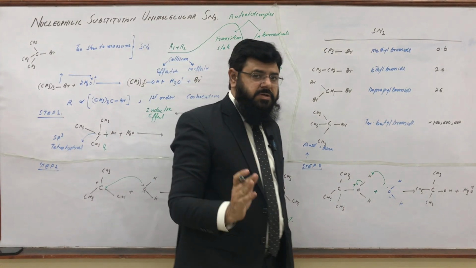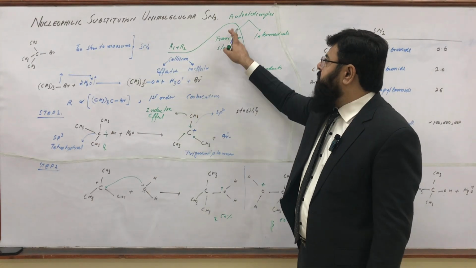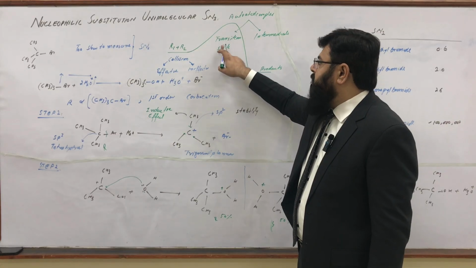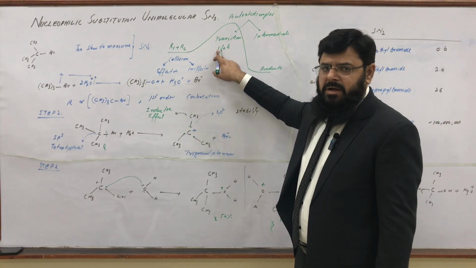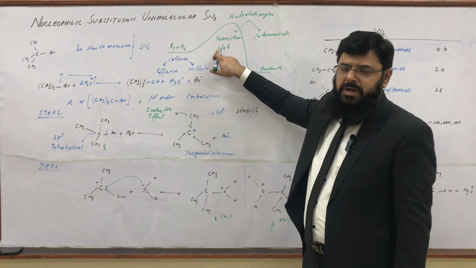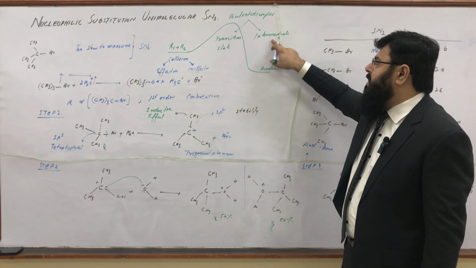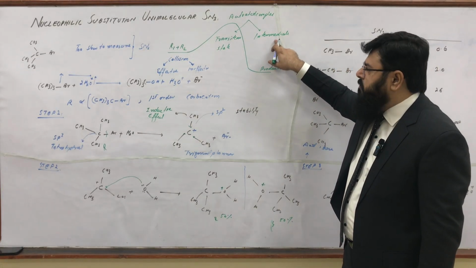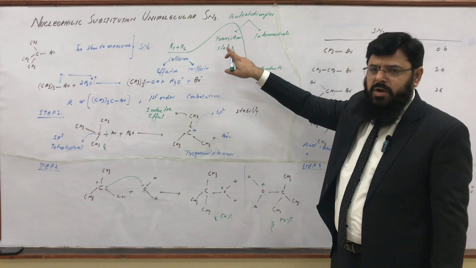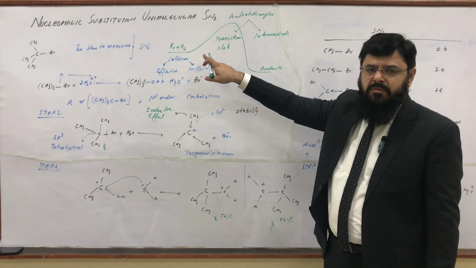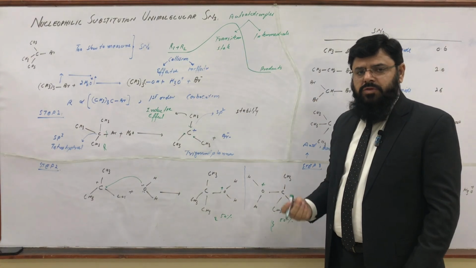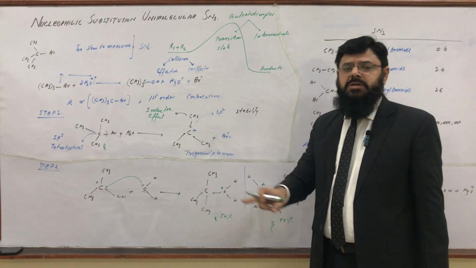If the species at this stage can be identified by any chemical test or any spectroscopic analysis, that kind of species will be named an intermediate. If there is no evidence about the existence of that species, that hypothetical species will be named a transition state.